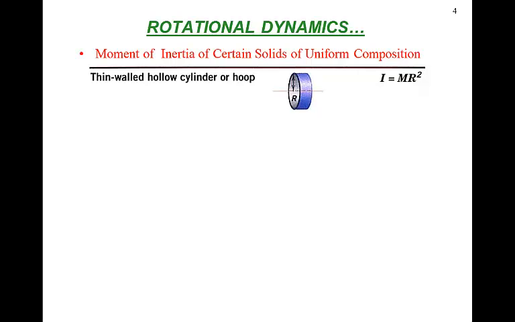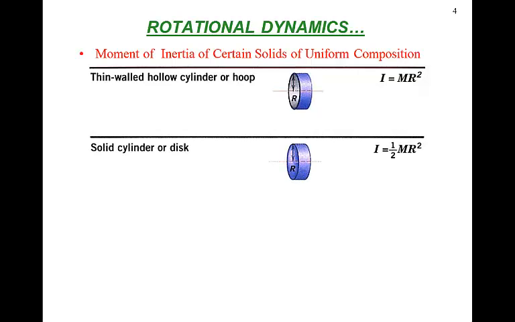Notice that all the mass is distributed in the form of a ring at a distance r away from the axis of rotation. For a uniform solid disk or a cylinder, the moment of inertia is found to equal 1/2 mr squared. Notice that the moment of inertia here is smaller than the hollow cylinder because some of the mass is closer to the axis of rotation.